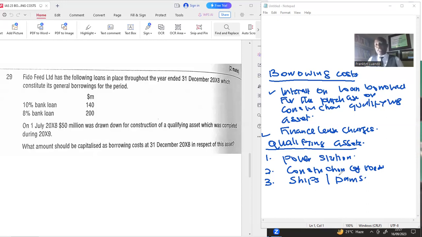Now I'm going to explain how we treat the borrowing costs. The borrowing costs, which are interest on loans, are capitalized.